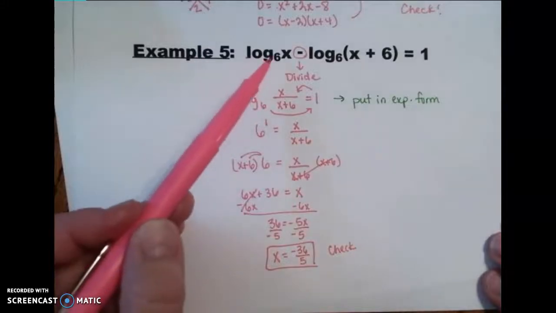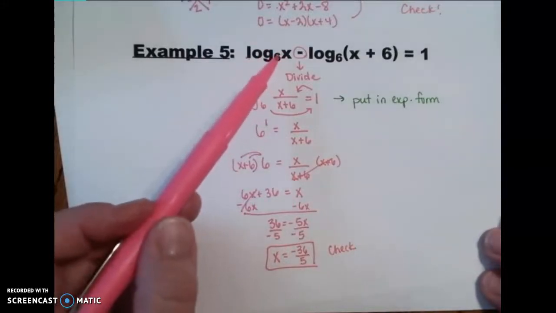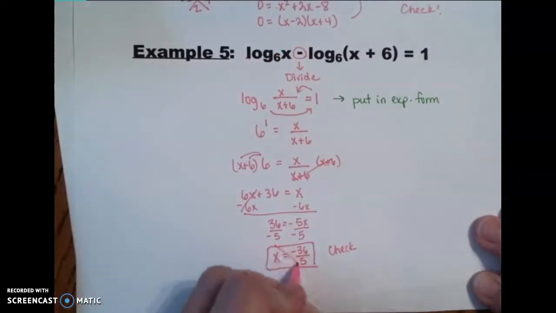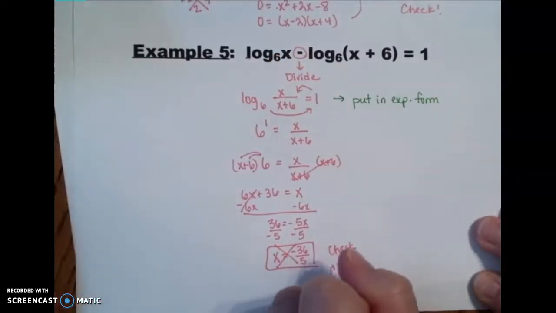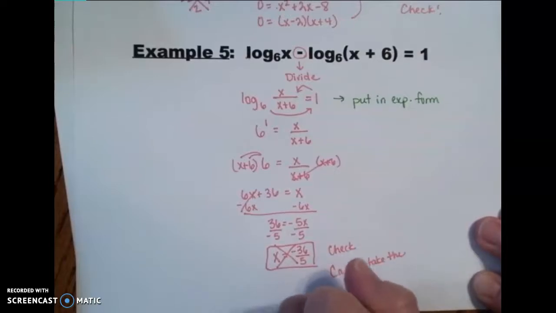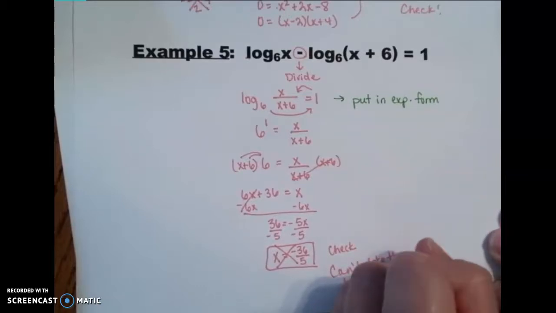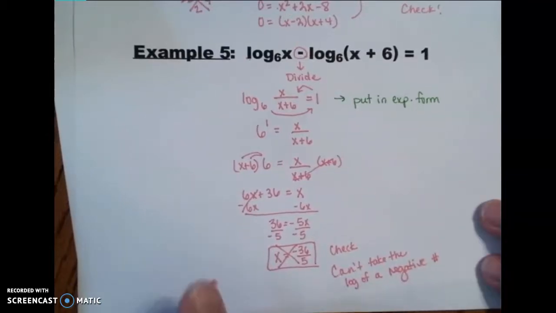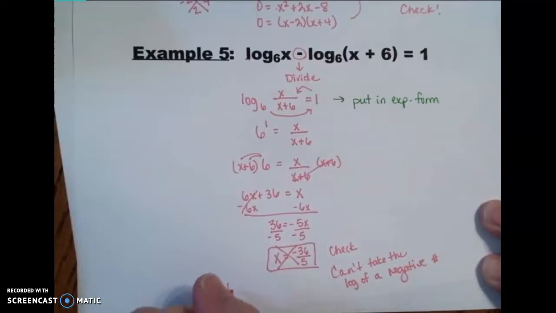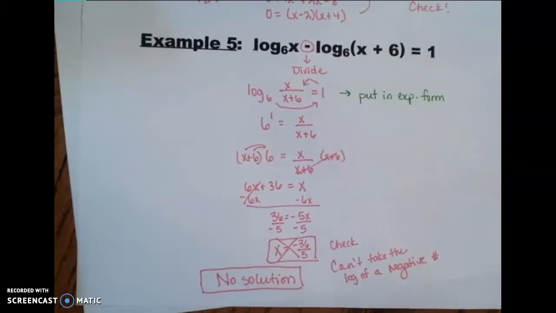So if I come up here and I substituted in negative 36 over 5, I would be taking the log of a negative number. We can't do that. So you're going to mark this out. So can't take the log of a negative number. Therefore, in this case, we would just write no solution. And that's how you solve log equations.